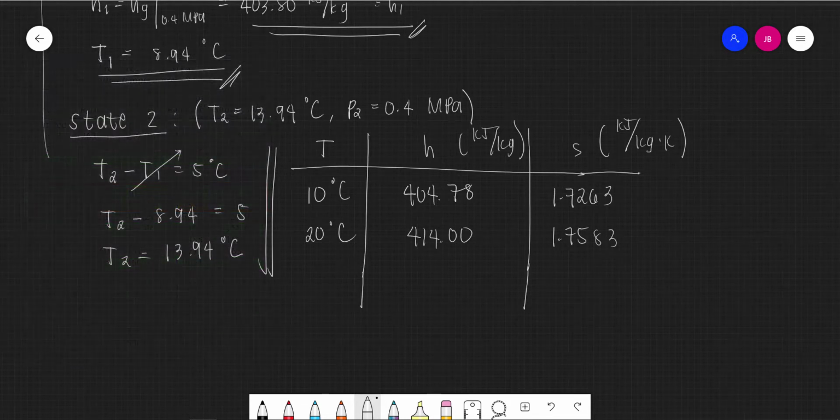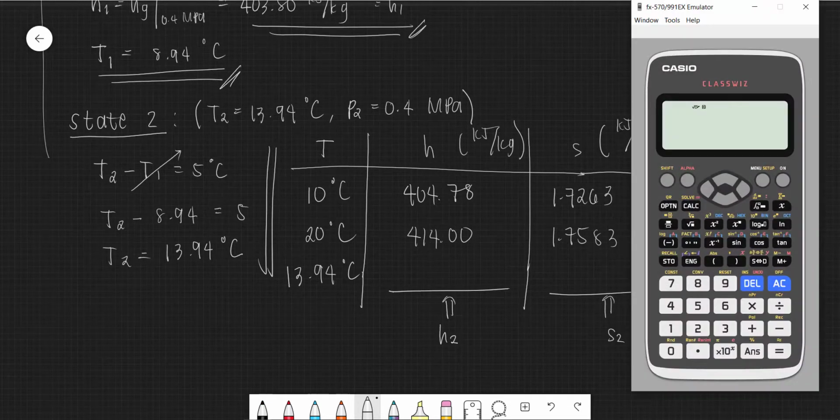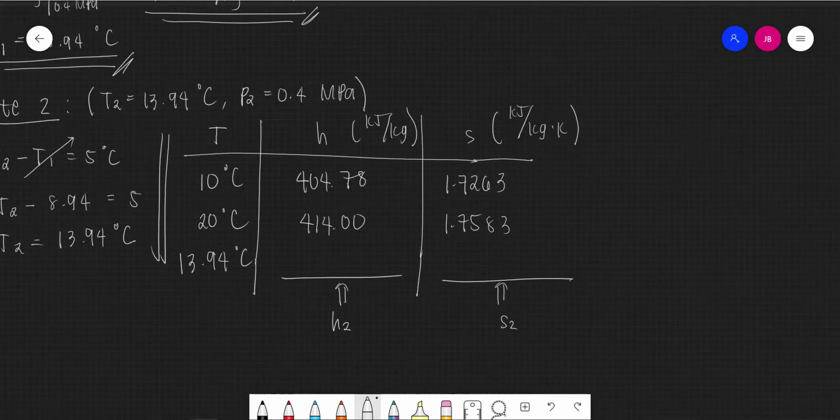Okay, so let's just place a temperature of 13.94 degrees Celsius over here and interpolate for the enthalpies and the entropies that we need. So whatever we get here is going to be our H2, and whatever we have here is going to be our S2.